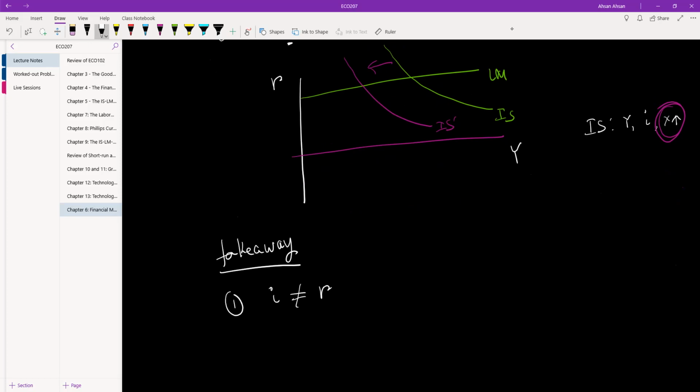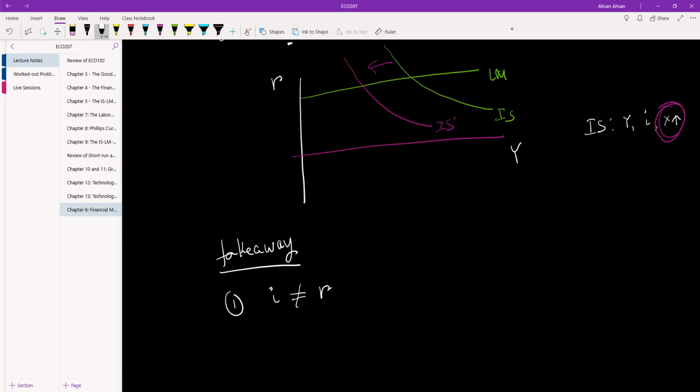Okay, so there is a nominal interest rate, there is a real interest rate, and to know the difference between these two is very important because both the government and companies and people, we care about the real interest rate, not the nominal interest rate. And to calculate the real interest rate, we have to bring inflation into the mix.